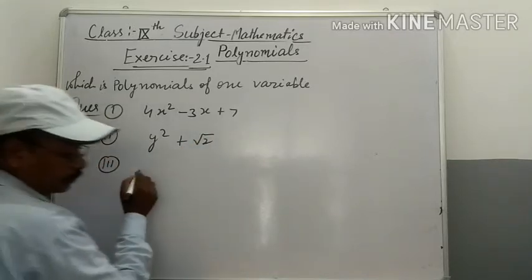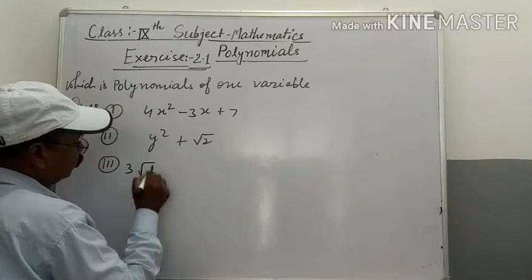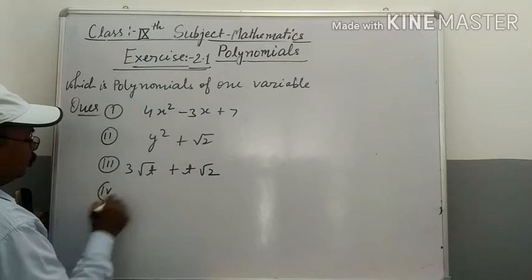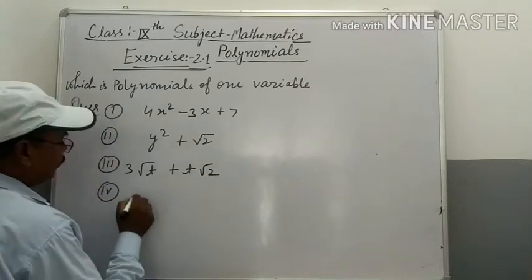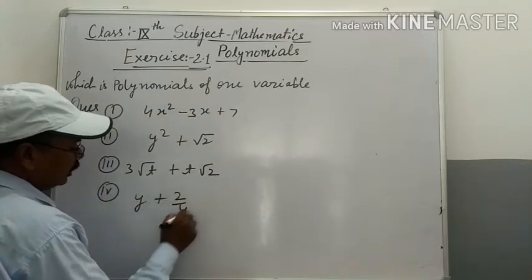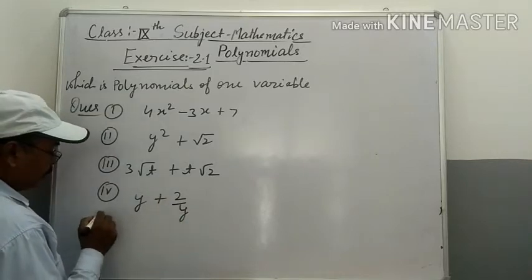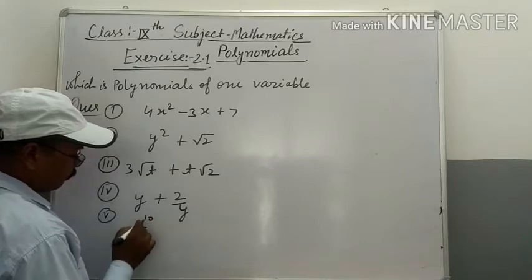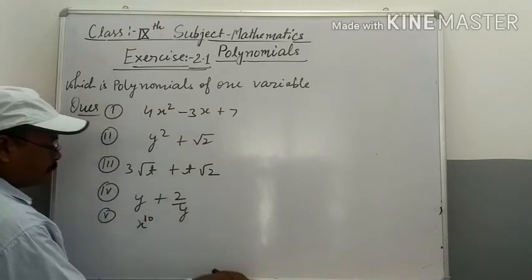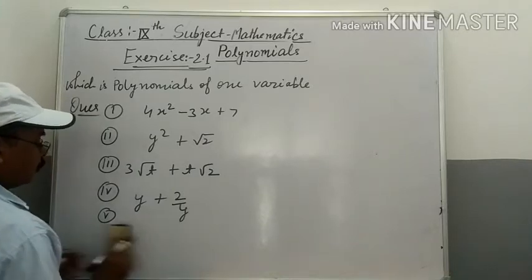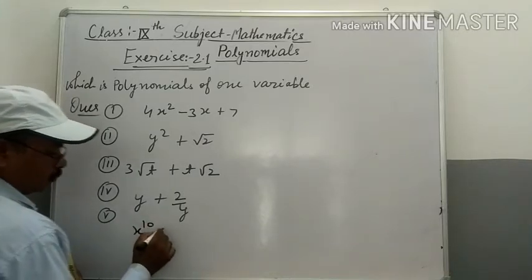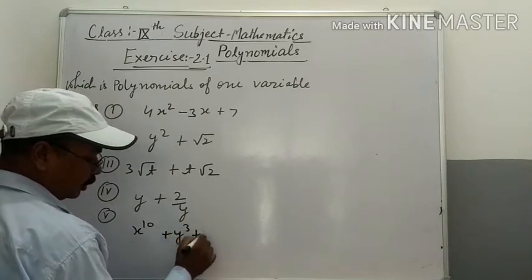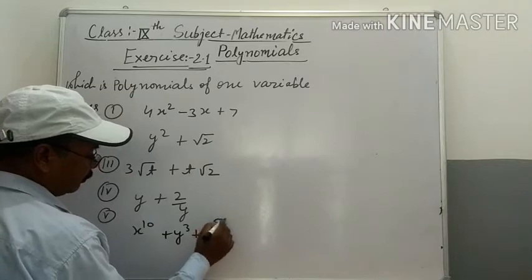Third, students, 3 under root 2 plus t under root 2. Fourth, students, y plus 2 upon y, and fifth one, students, x to the power 10 plus y cube plus t to the power 50.